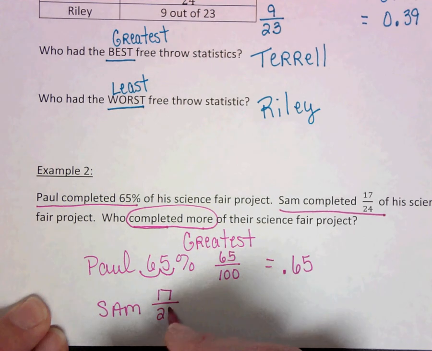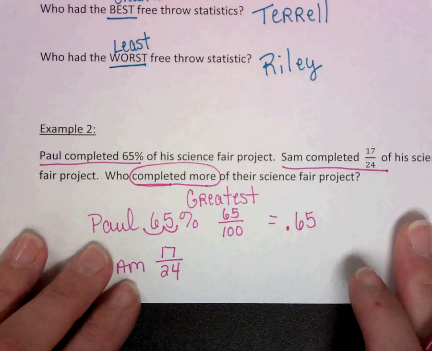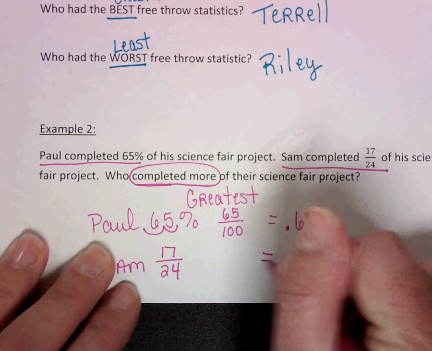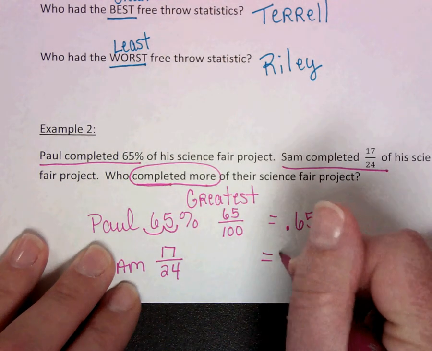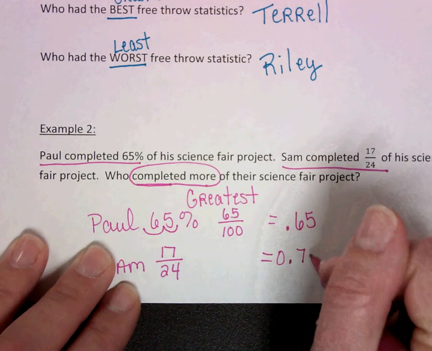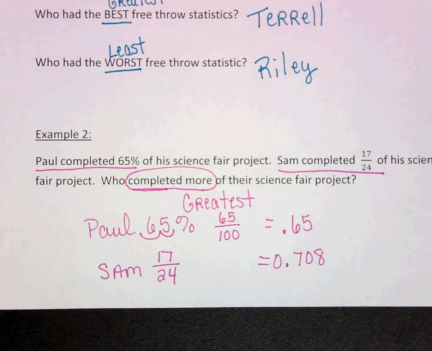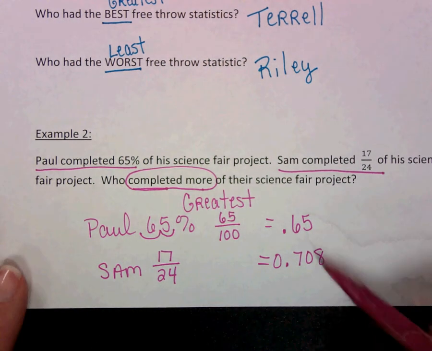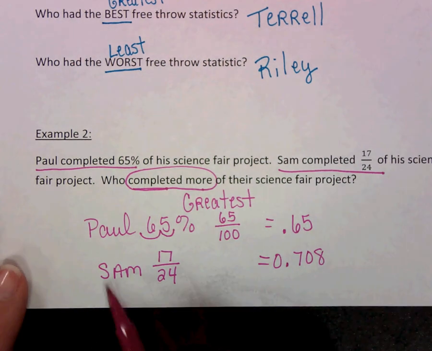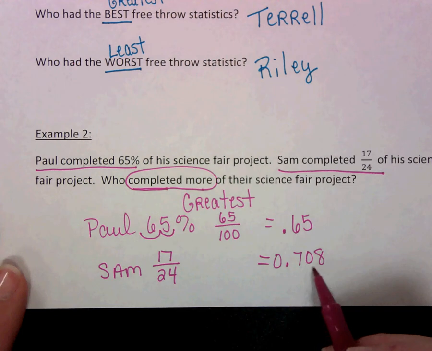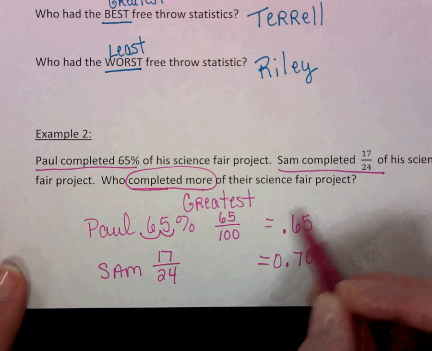So we need to do 17 divided by 24. And we actually did that up above in the previous problem. And we get 0.708. So which guy completed more? Which number is greater? Okay, I hope you said Sam, because again, this is like 71-ish cents, 70 cents. This is like 65 cents.